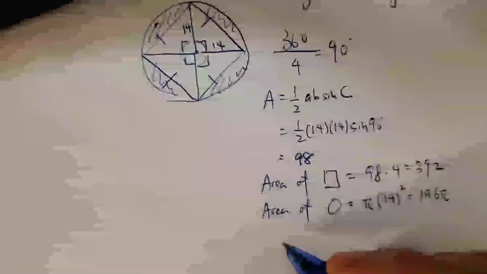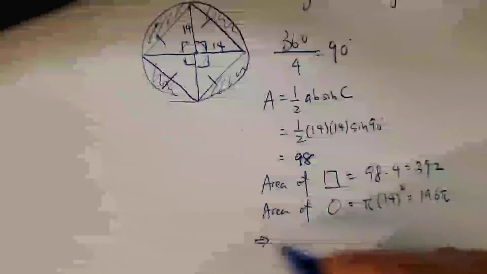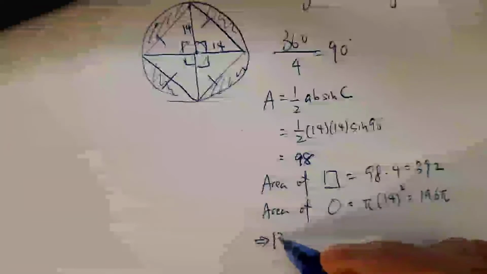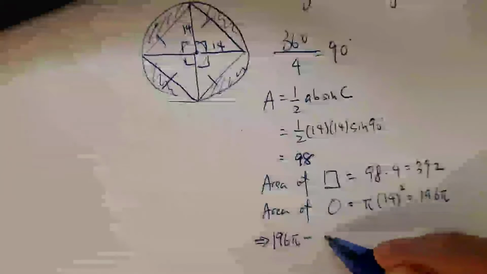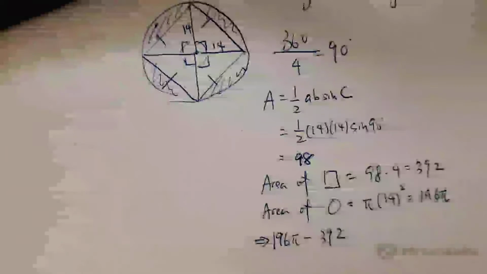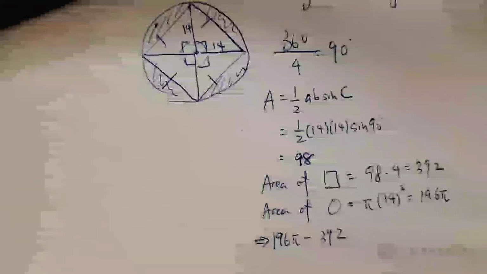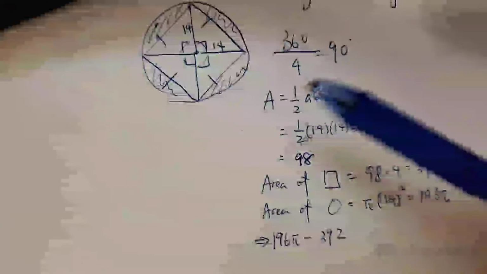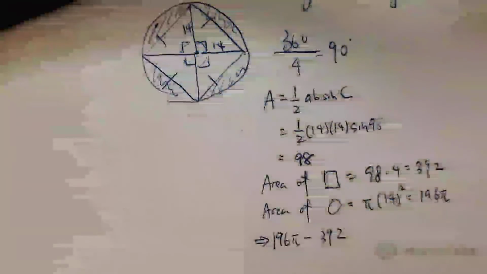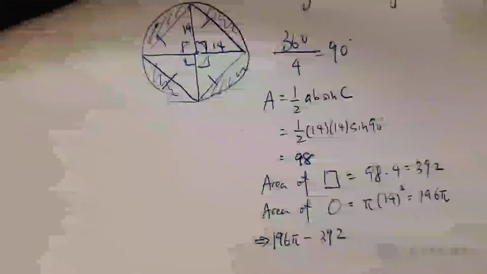Then you just subtract: 196 pi minus 392. That would end up being your answer, because you use the circle to subtract the square.